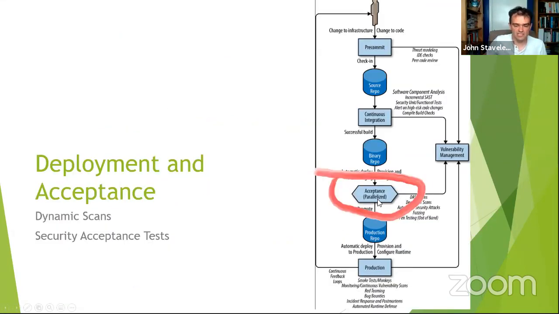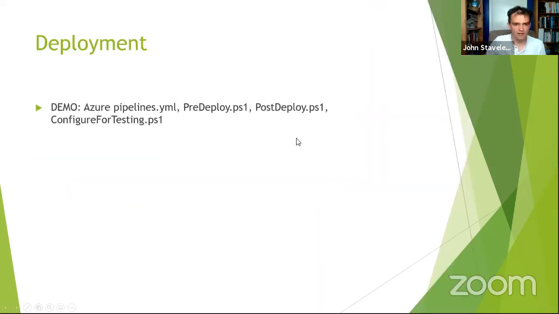Okay, so now we've checked in, everything's built, and then it's deployed. Once you've got the deployed instance, you can run a dynamic scan and then run your security acceptance tests. I'm going to skip that. Basically, you've seen Azure Pipelines, so that's the build, deploy, and test phase. It's got pre-deploy, which sets up the Cloudflare DNS settings.